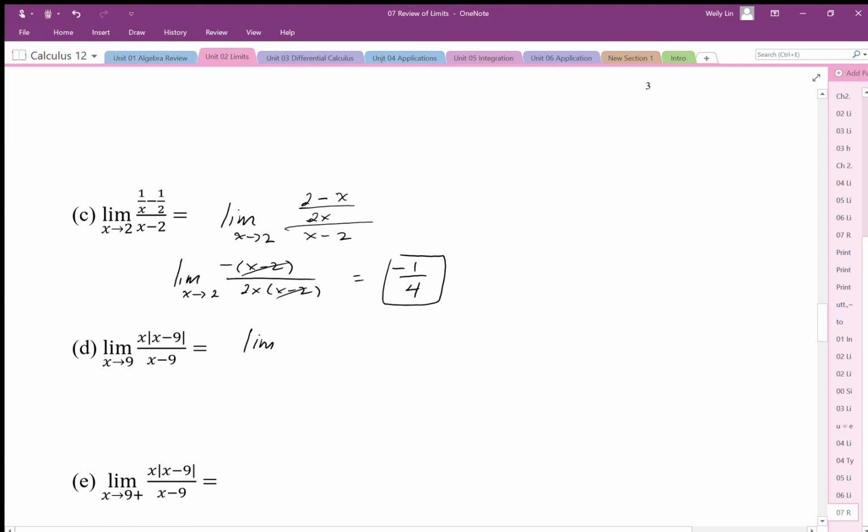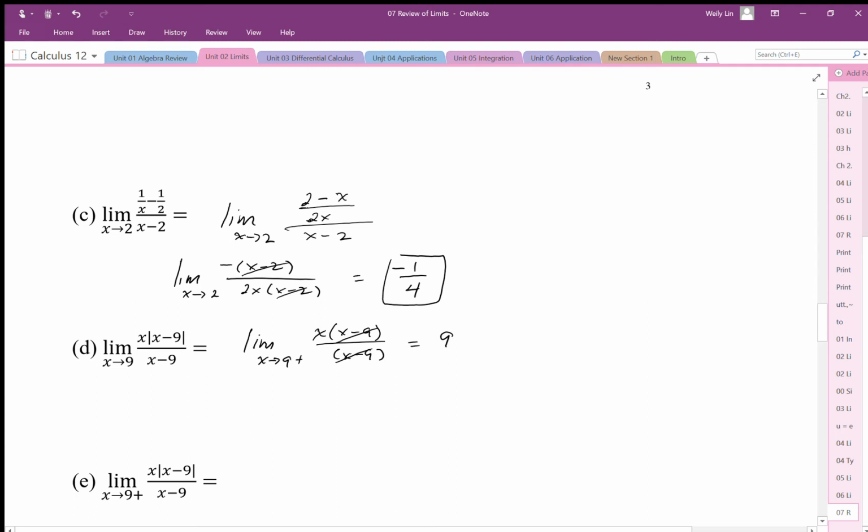So as we approach 9 from the positive side, that's going to give me the positive absolute value. So I can just do this, x times (x minus 9) over x minus 9. These can cancel out, and I'm going to end up with a limit of 9. Well, that's great.